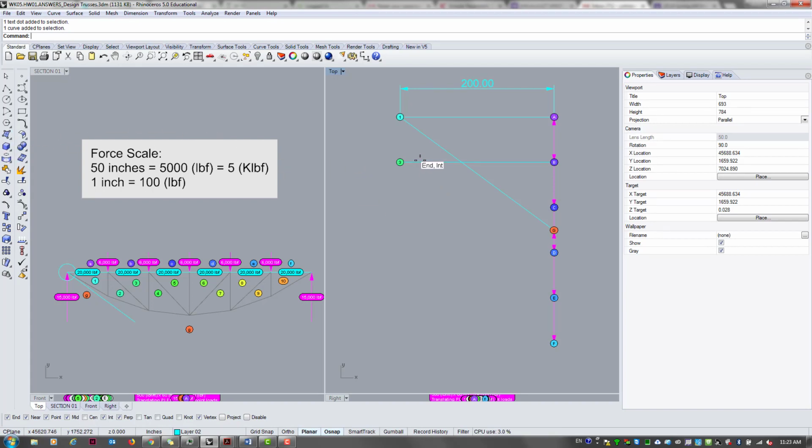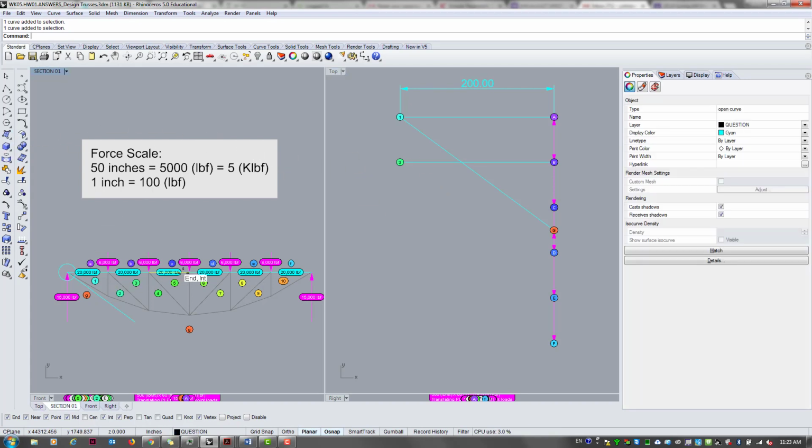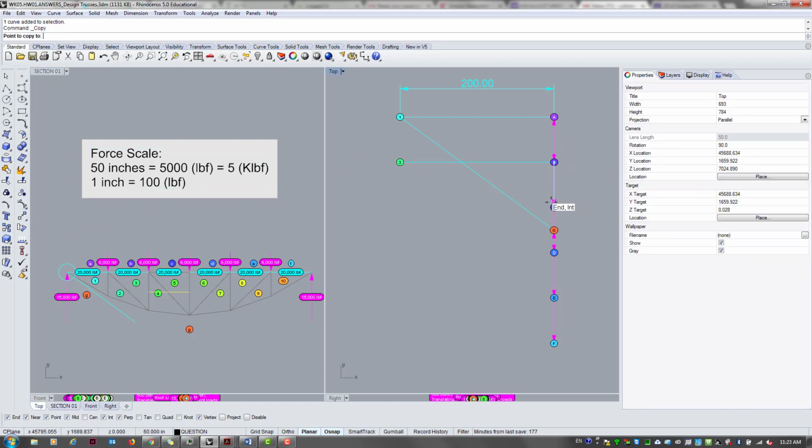And same thing for this, which is C5. And same thing for D6, E8, and F10.